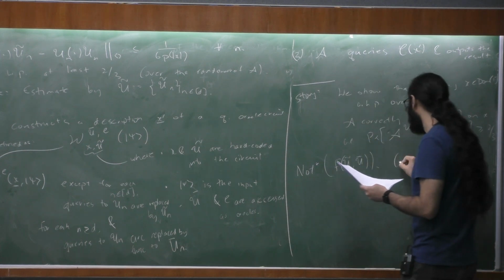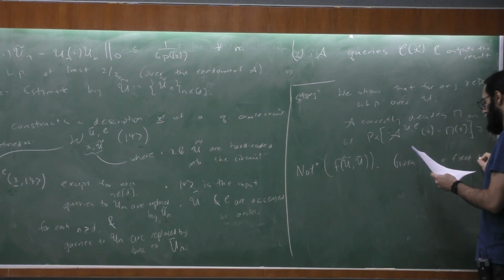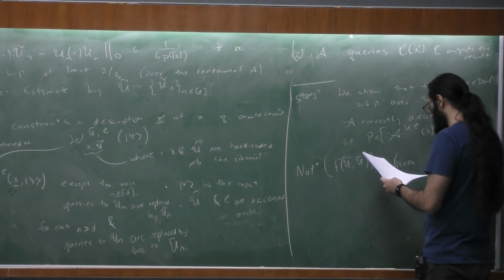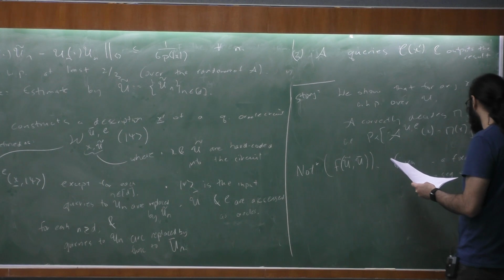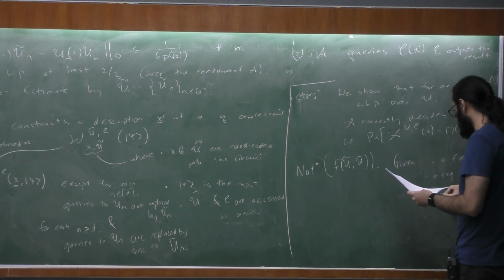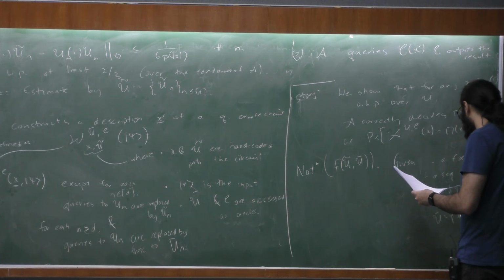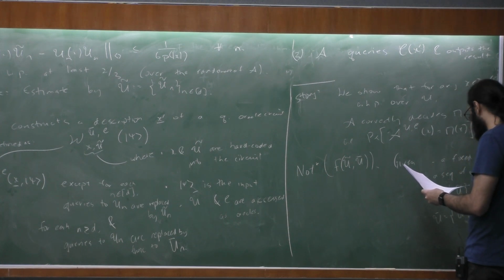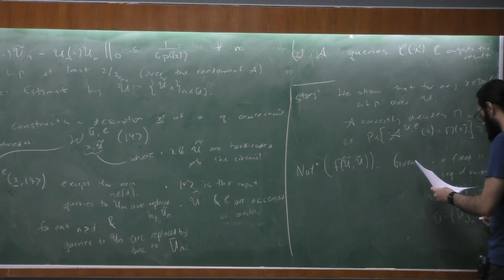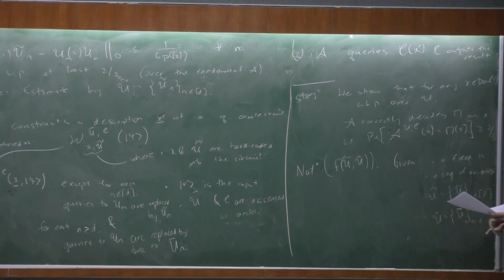Given a fixed x and a sequence of unitaries, u tilde, which goes till t, and u bar, which goes from d to p.